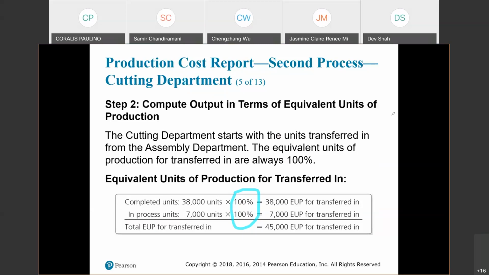Therefore, any costs associated with the work done in the first department stay with them at 100% EUP. Okay, this is transferred in cost. Again, you should remember that it is always 100% in terms of equivalent units of production.